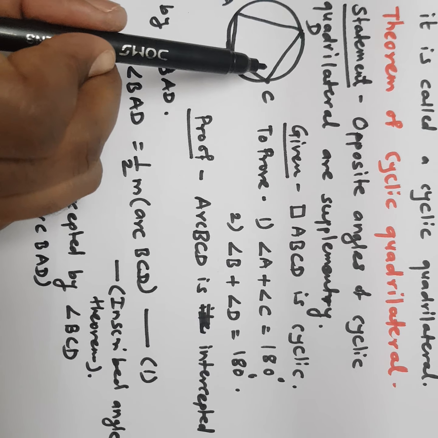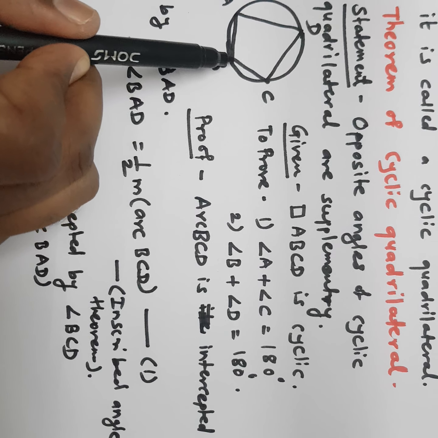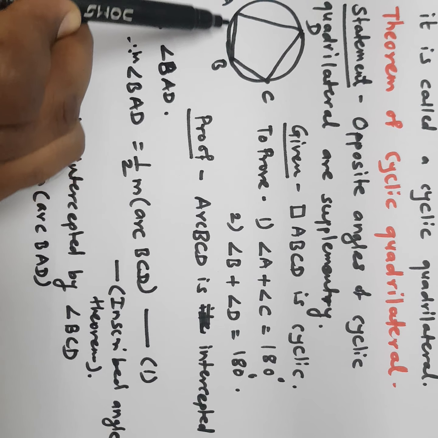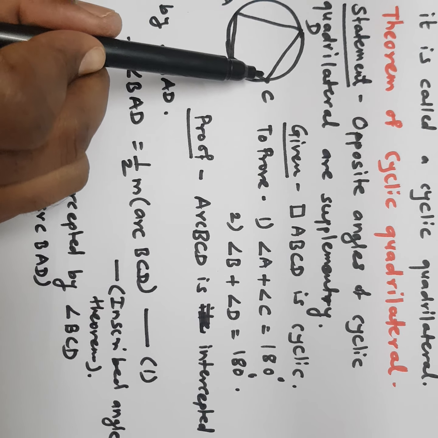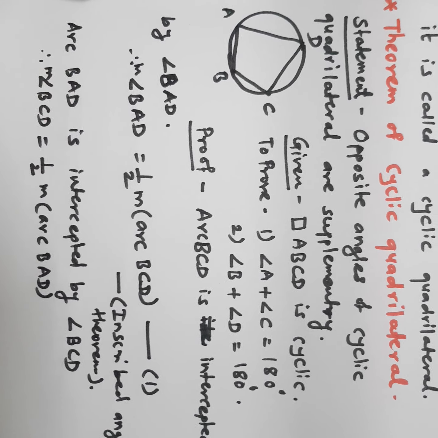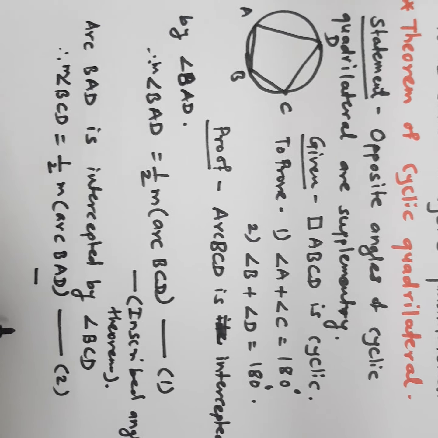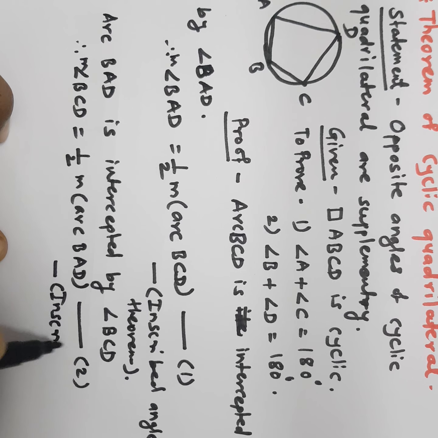See here, the arms of angle C pass through points B and D, therefore it intercepts arc BAD. Therefore, the measure of angle C is half of the measure of arc BAD. Give this equation number 2, and the geometric reason is the same, the inscribed angle theorem.